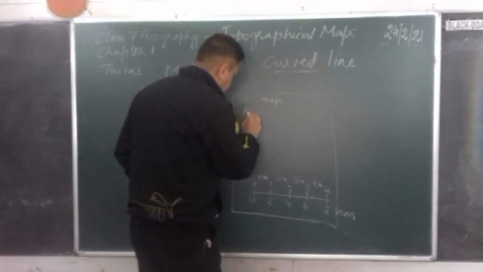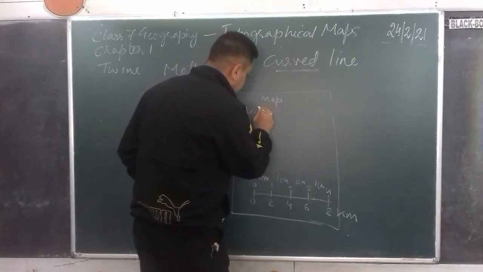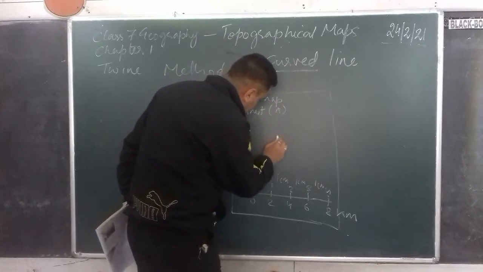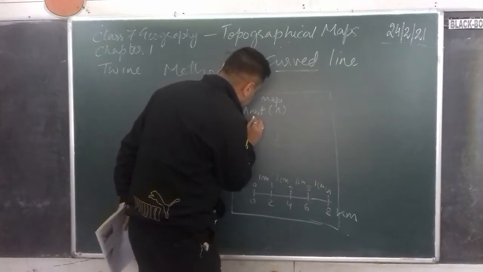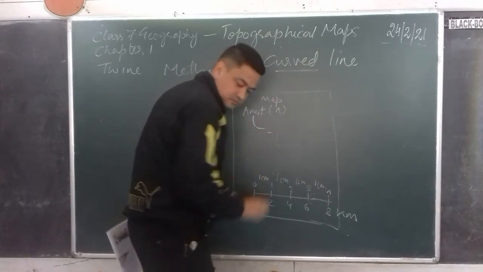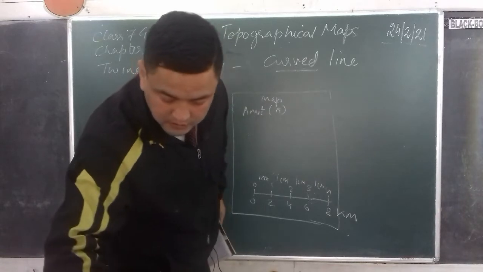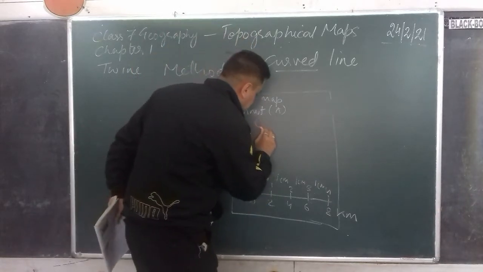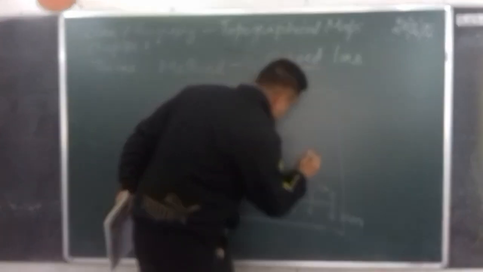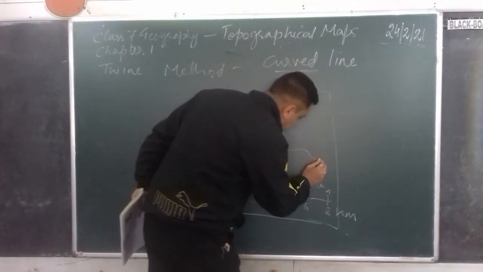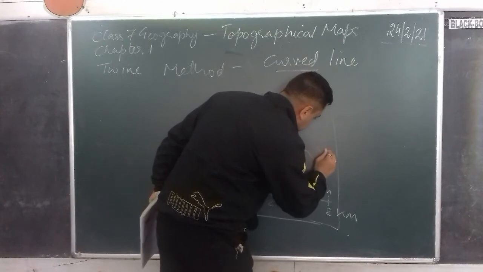So let's take for example, Amit's house is here, that is point A, I'm writing, and I make a curved line here. Now this is a curved line. This is the starting point and this is the ending point, and this is Raju's house.